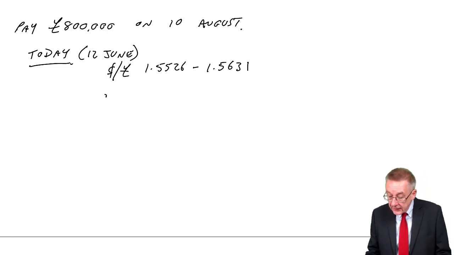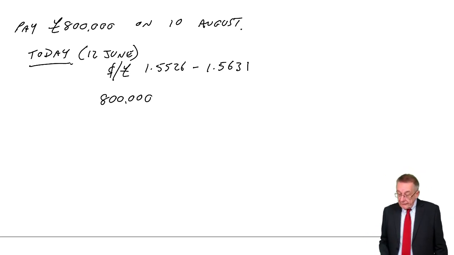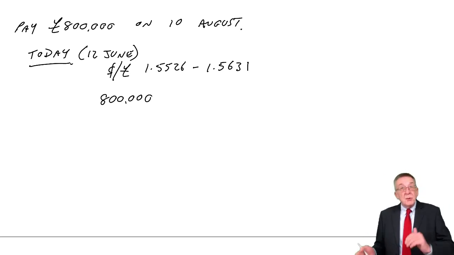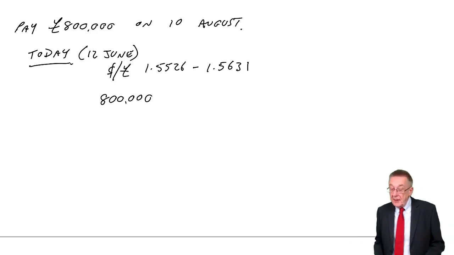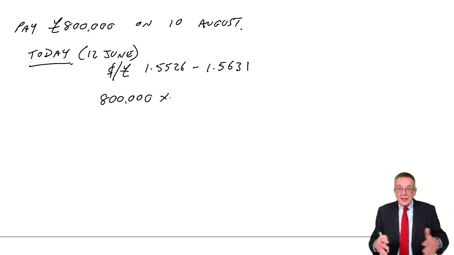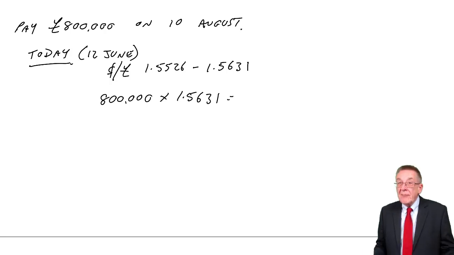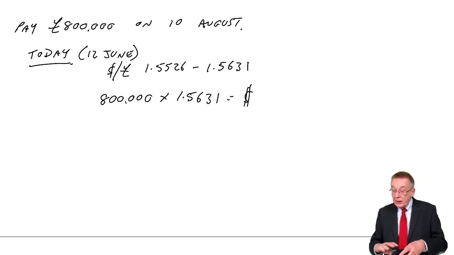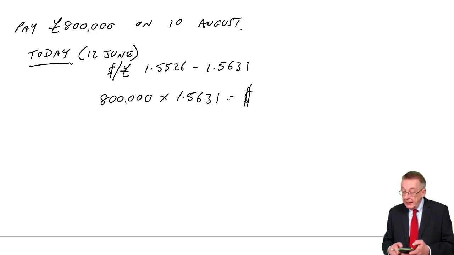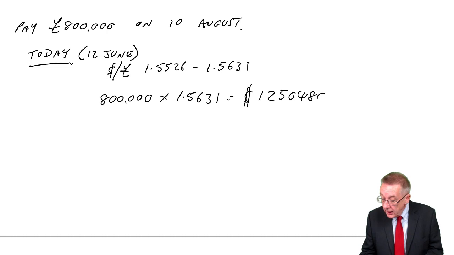Surely when we convert to dollars, we use the higher rate. We're buying pounds, we're selling dollars in order to buy pounds. And so if it's 1.56 dollars equals £1, we'll multiply. And it means the cost in dollars, if we were converting today, would be $125,0480.